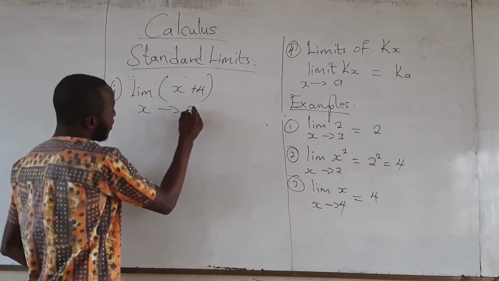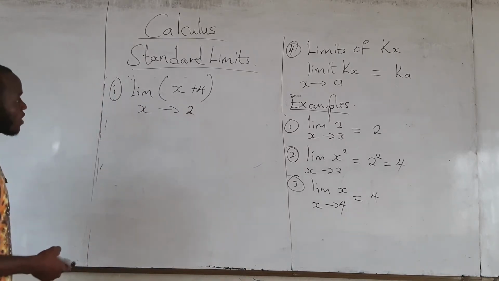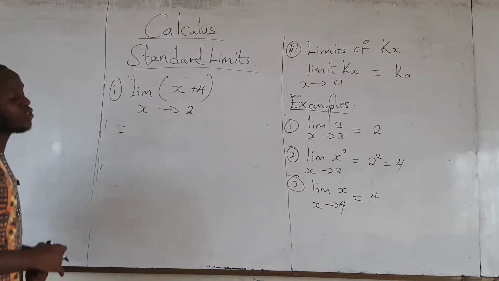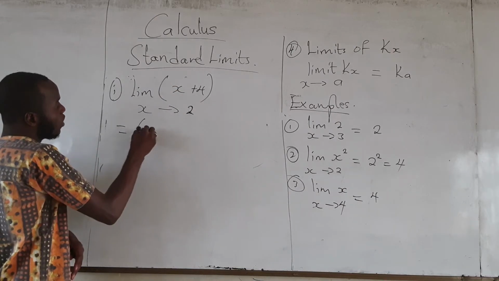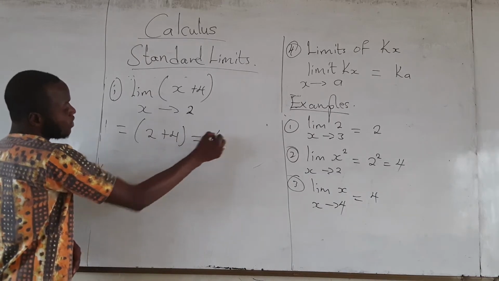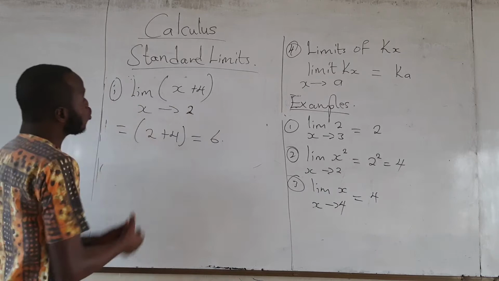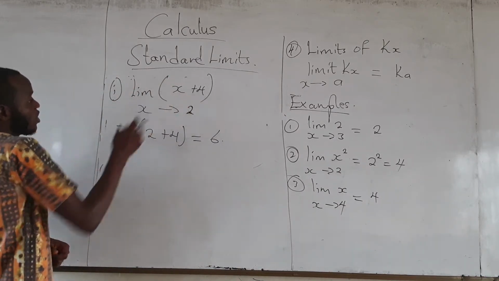The only thing you have to do is to substitute the 2 that x is approaching into the function. So here we have 2 plus 4, which gives you 6. When it is given to you, all you need to do is substitute the value of x into the function, then you go your way.